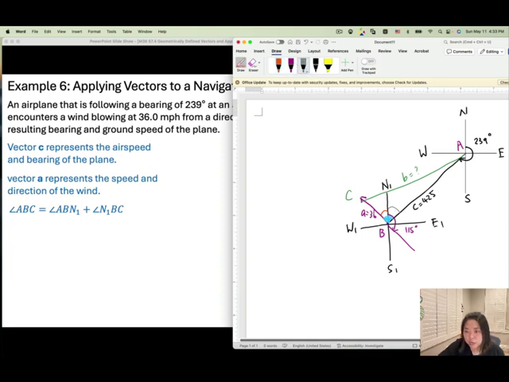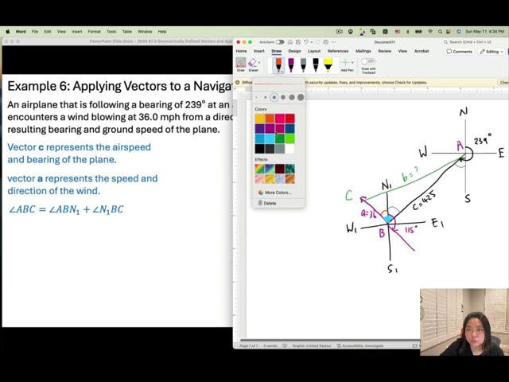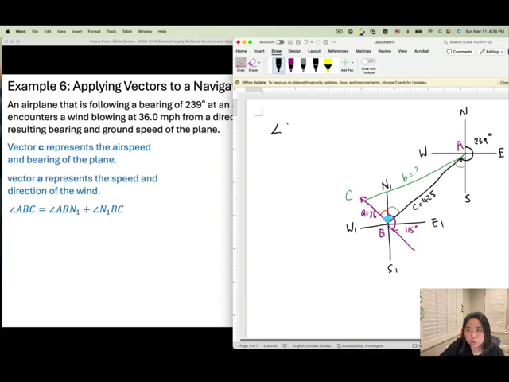In order to find angle ABN1, we're going to think about this angle. We need to find out what angle SAB is.